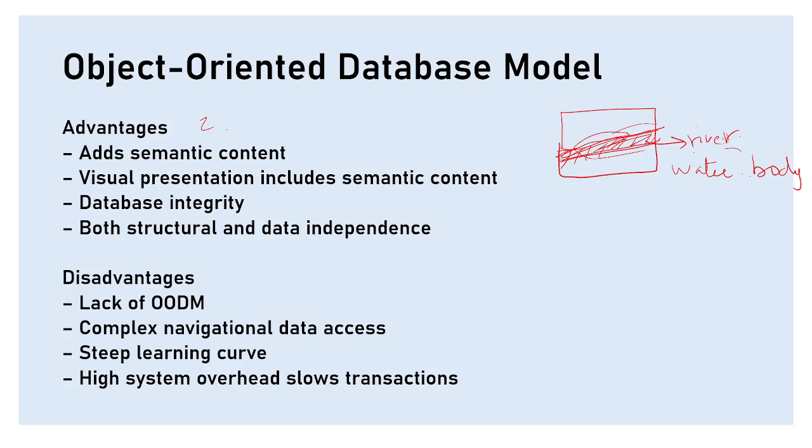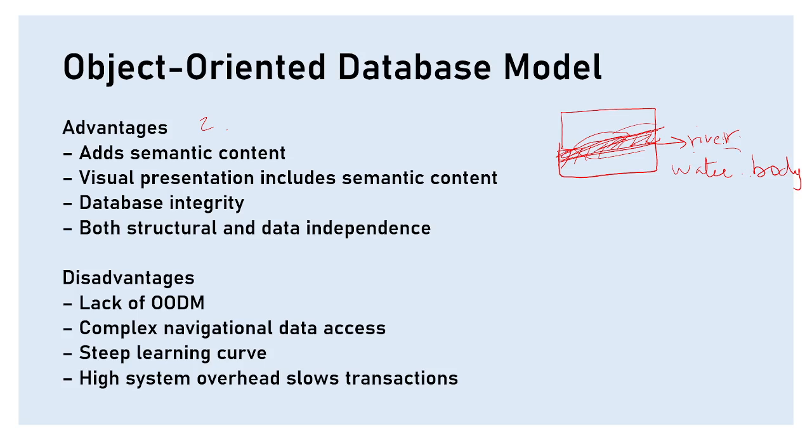So we were discussing the disadvantages, right? The database management is not so good in case of object oriented database model. Then it has complex navigational data access. For instance, if you want to develop some kind of query language, because of this navigational data access problem, it might not be possible. Then it has a steep learning curve. It's not very easy to learn this object oriented database model.